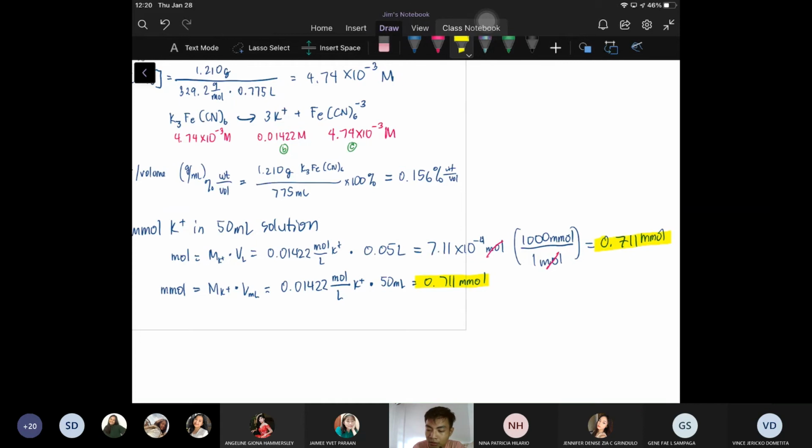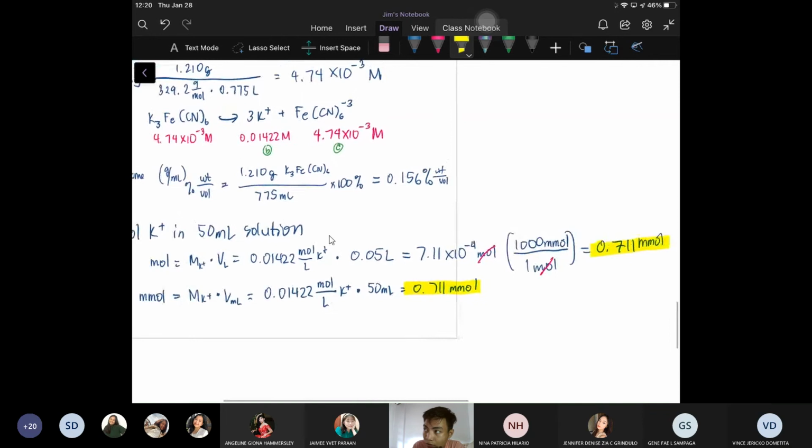This is the common technique: you convert the volume to liters so the liters cancel, then multiply by 1,000 to get millimoles. However, here's the shortcut. Notice that you divide the volume by 1,000, then eventually multiply by 1,000 again.